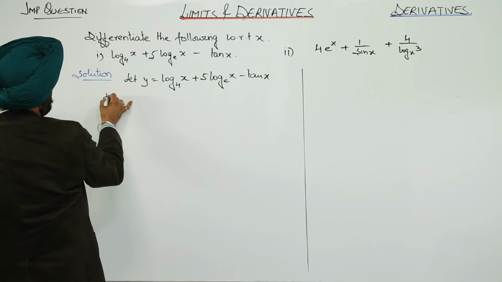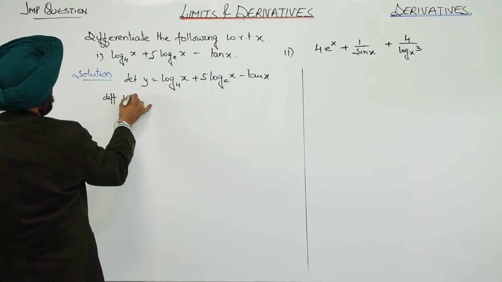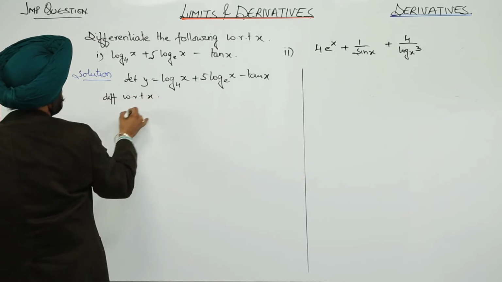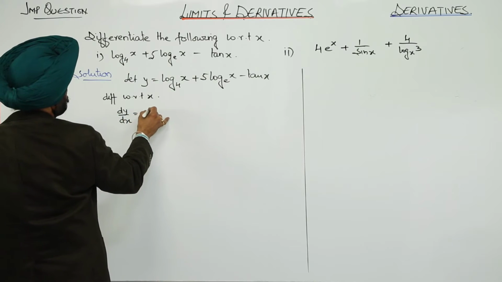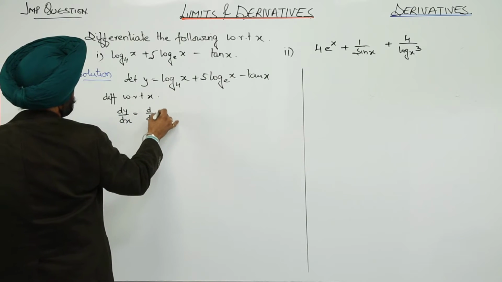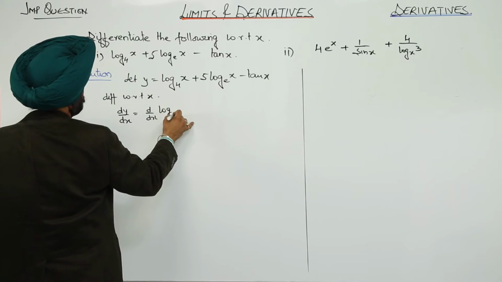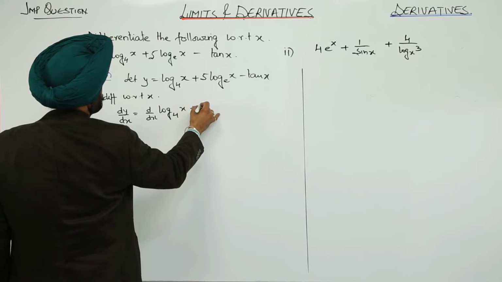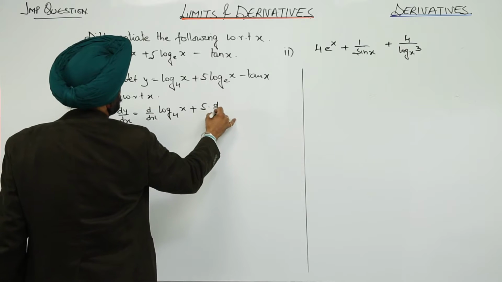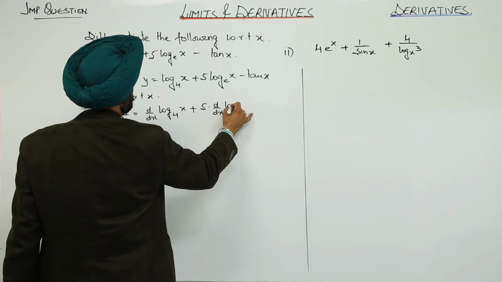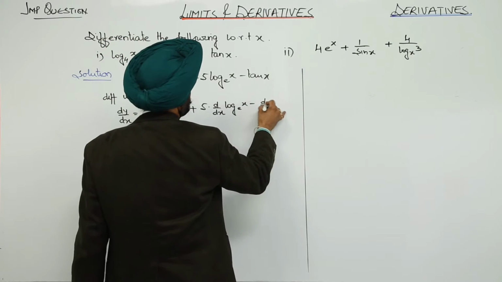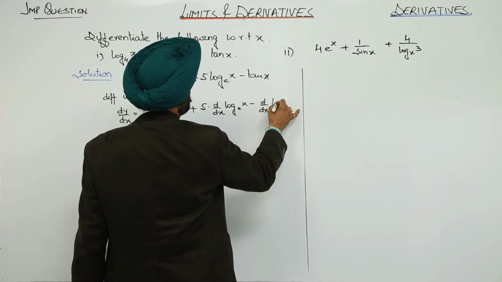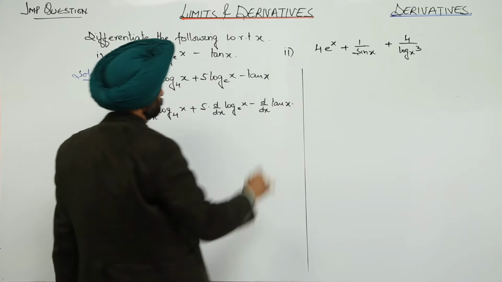Now differentiating with respect to x, dy by dx is equal to d by dx of log 4x plus 5 d by dx of log x minus d by dx of 10x.